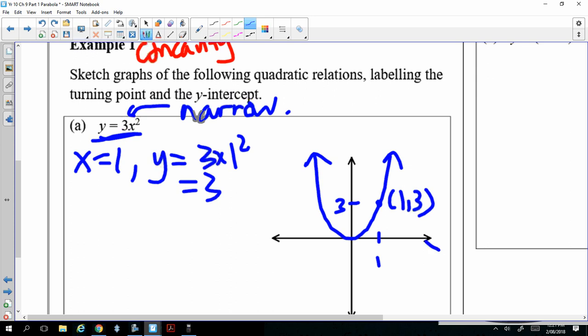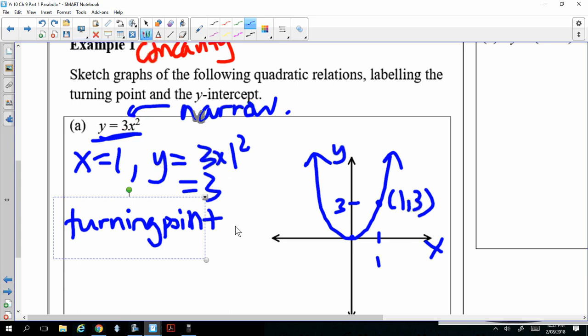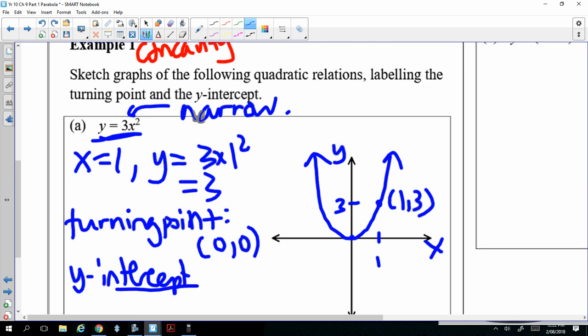And just write down the turning point, which is the origin, 0, 0. And the y-intercept, where does it cross on the y-axis? It just crosses on y equal to 0, right? This is the y-intercept. So the vertex is on the y-intercept as well, okay?